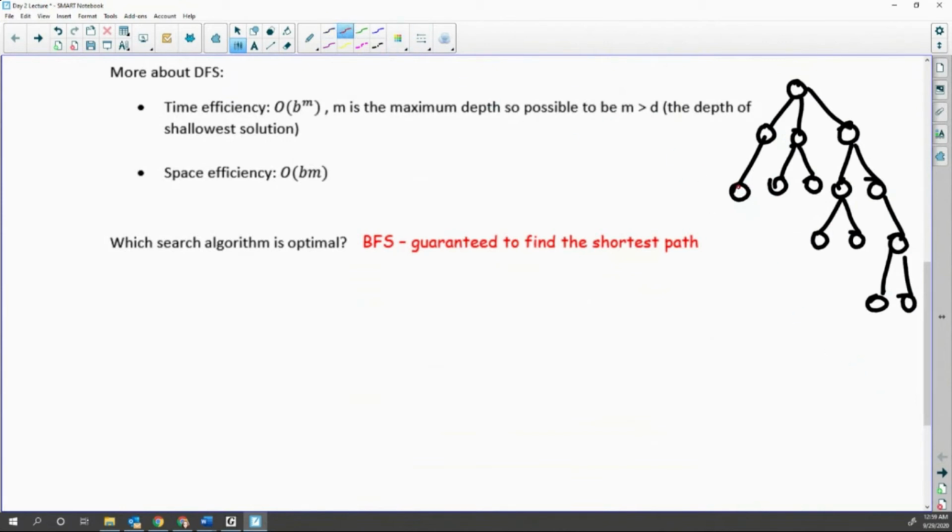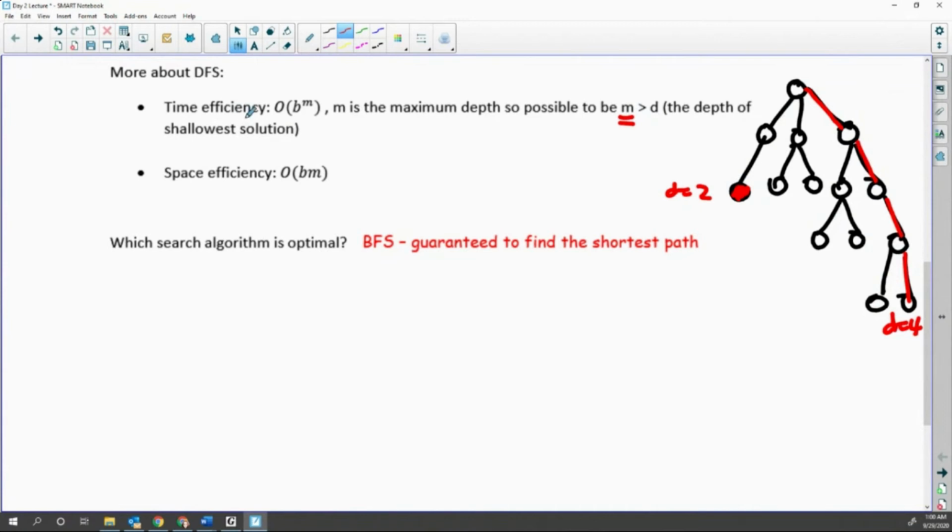My goal is here, but if I do depth first search, it's going to go last one, last one, last one, last one. So even though the solution's depth is 2, I'm going to search up to a maximum depth of, for example, 0, 1, 2, 3, 4. In this case, the depth is 4. So I can search more than my solution's depth. That's what M represents.